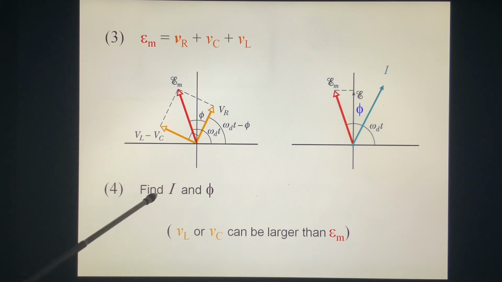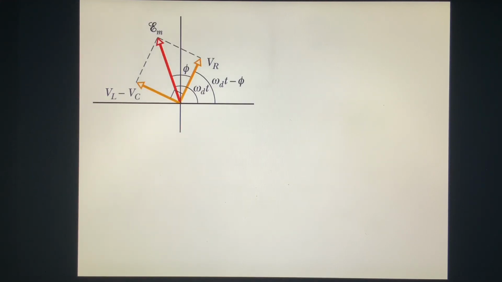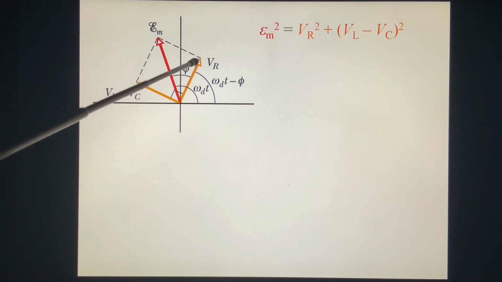Finally, we want to find I and phi. We look at this picture. We see epsilon square equals VR square plus VL minus VC square.